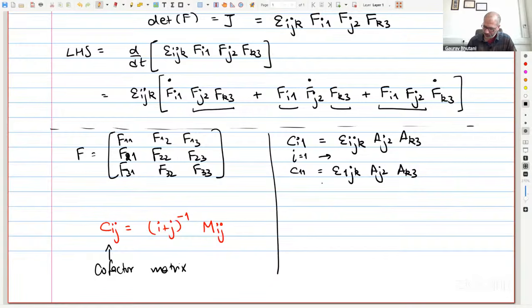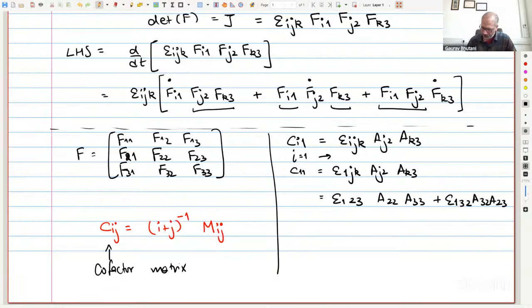Let's expand this. Because we already have an epsilon 1 here, we only get 2 terms which are non-zero if I expand this using the summation rule on j and k. So this becomes epsilon 1, with j is 2 and k is 3. So we get a22, a33. Let me check. Yeah. And then we have another term, which is epsilon with j is 3 and k is 2. So I get a32 times a23, right?